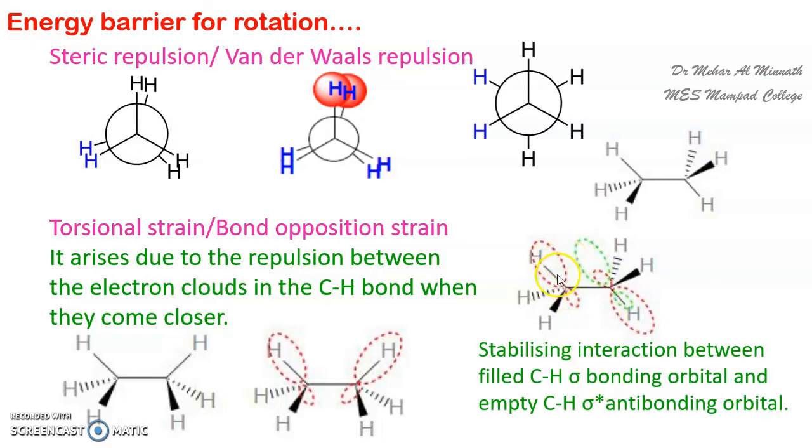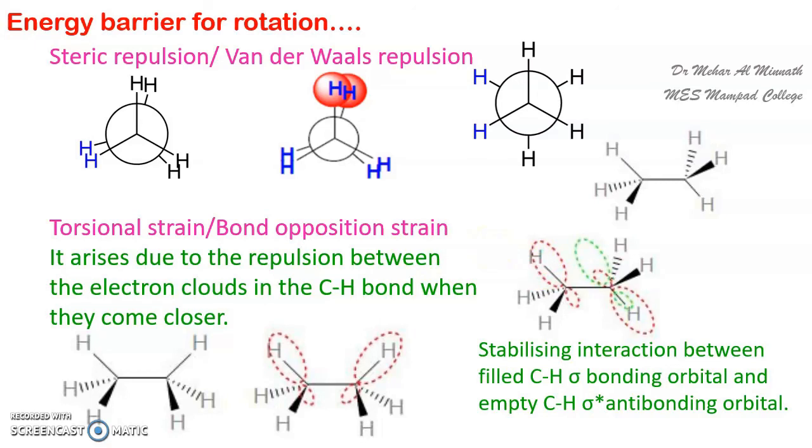Now these two orbitals will cause a stabilizing interaction between the filled CH sigma bonding orbital and the empty CH sigma star anti-bonding orbital. They will contribute to the stabilizing effect of the staggered conformer, because the electrons can move from the filled orbital to the unfilled anti-bonding orbital.